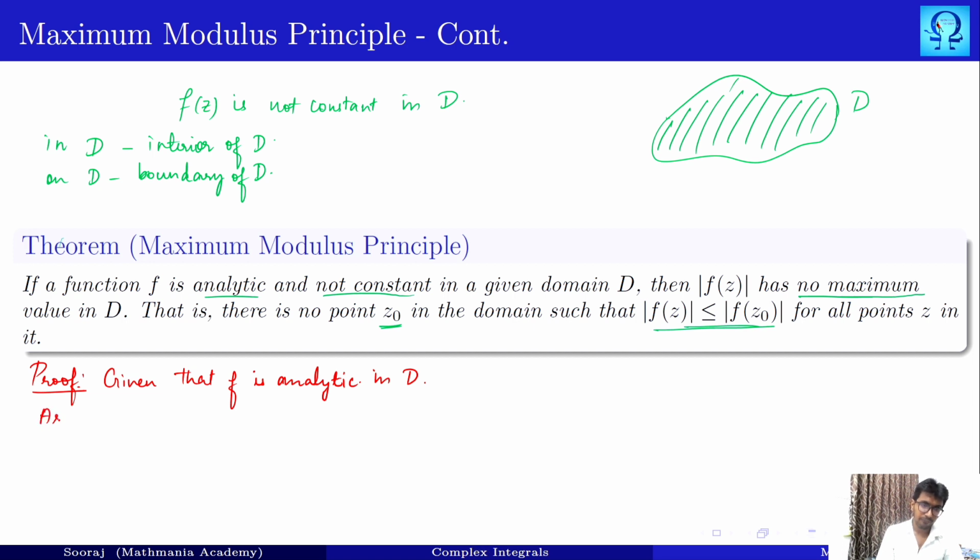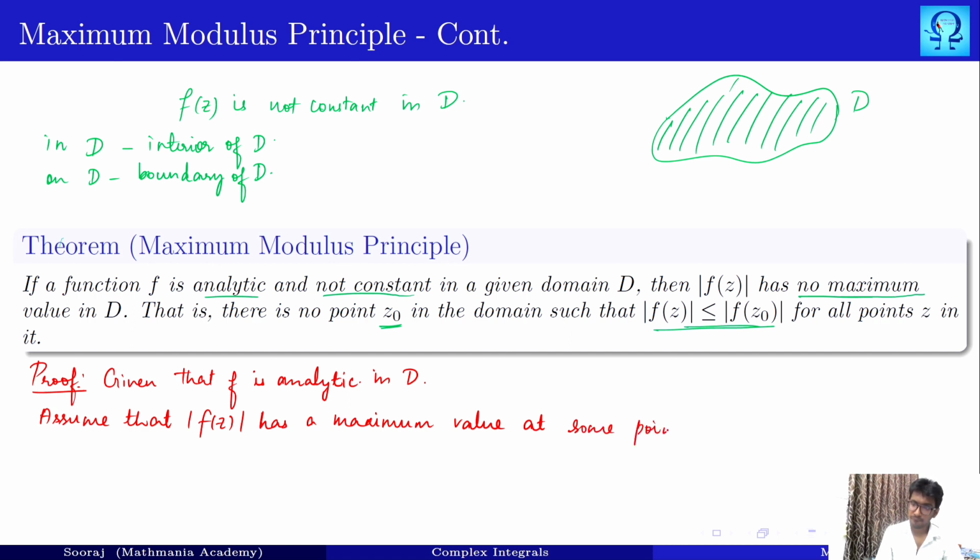Assume that absolute of f of z has a maximum value at some point z naught in D.